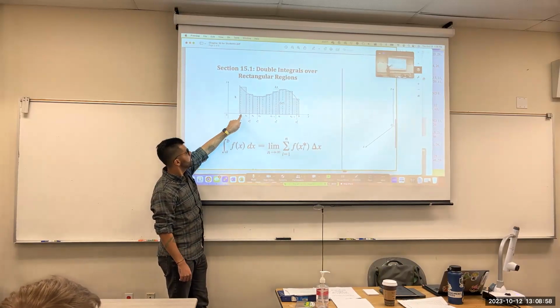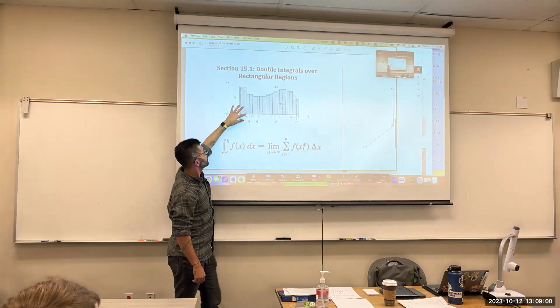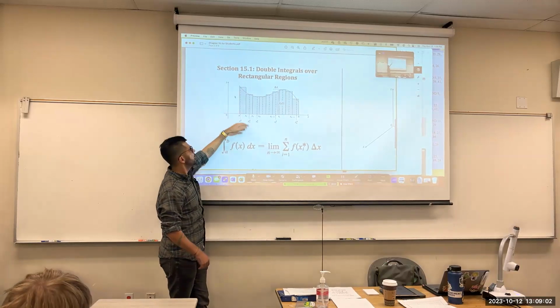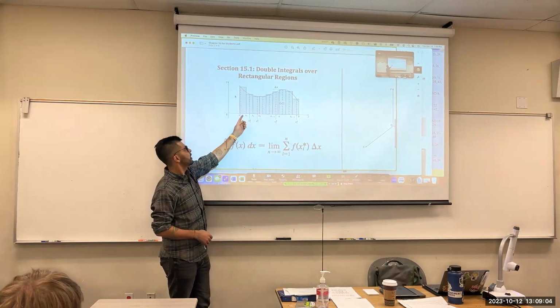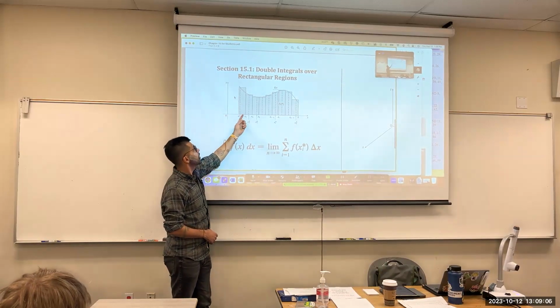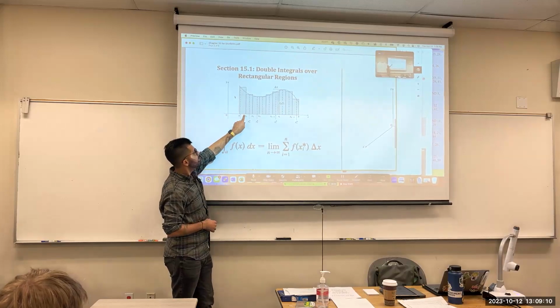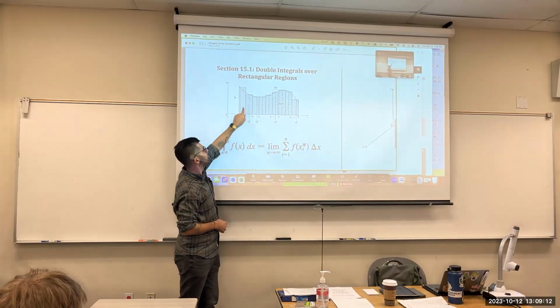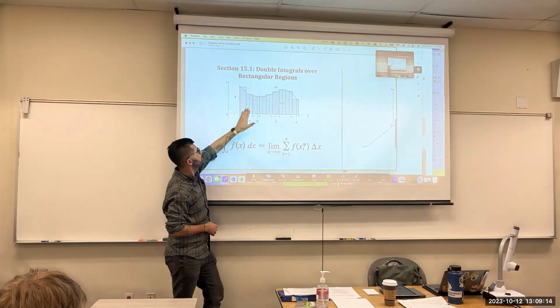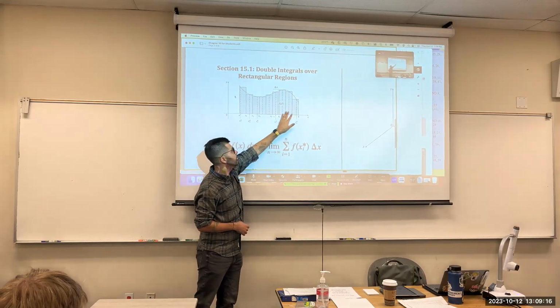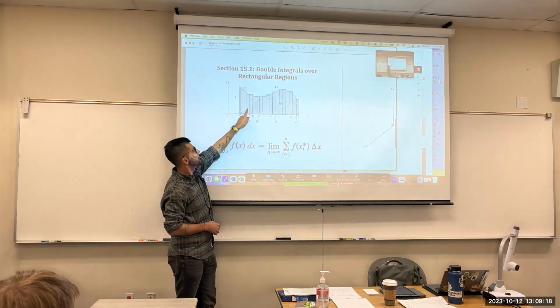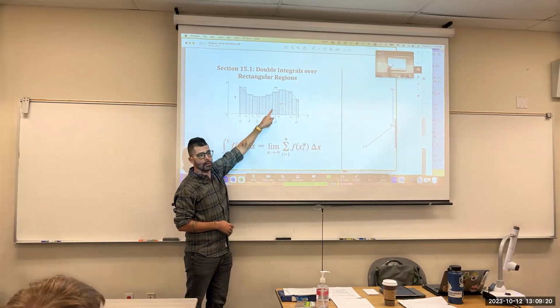Then what did you do for each little segment? You created a rectangle, and then you guys learned in Calc 1, I can use the left endpoint or I can use the right endpoint. But whatever method you used, you made a rectangle, and then you estimated the area under the curve to be the sum of the area of each of these rectangles.